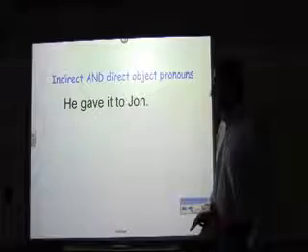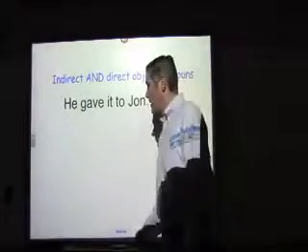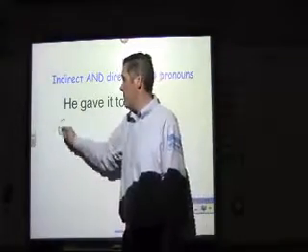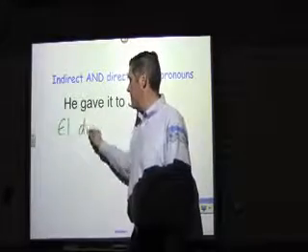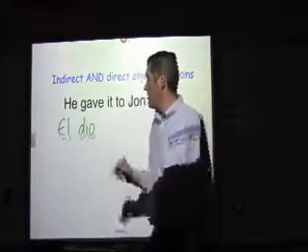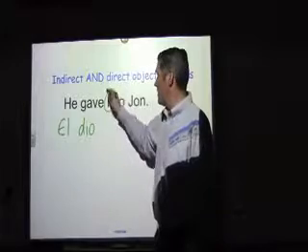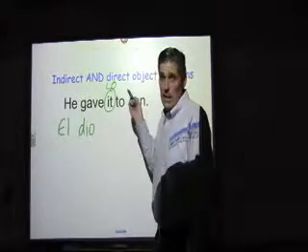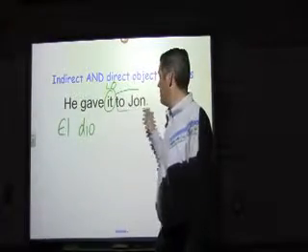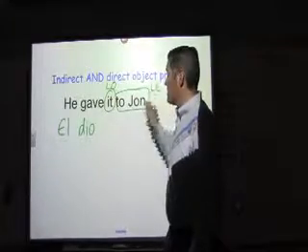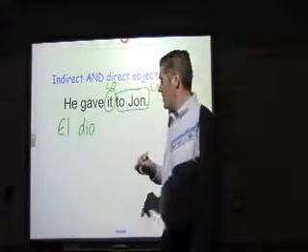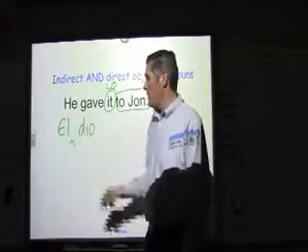Let's do another. Let's go back to our sentence. He gave it to John. Él dio. He gave it. Well, again, let's do lo. We're talking about el libro. To John. Le. Same thing as before. Let me give you a second. What's our final sentence going to be?